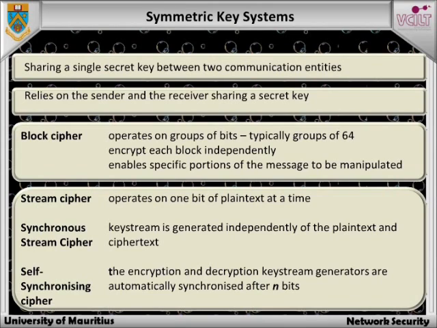In a self-synchronizing cipher, the key stream is a function of the key and several bits of the cipher output. Because the key stream outputs depend on the previous n bits of the plaintext or the ciphertext, the encryption and decryption key stream generators are automatically synchronized after n bits.